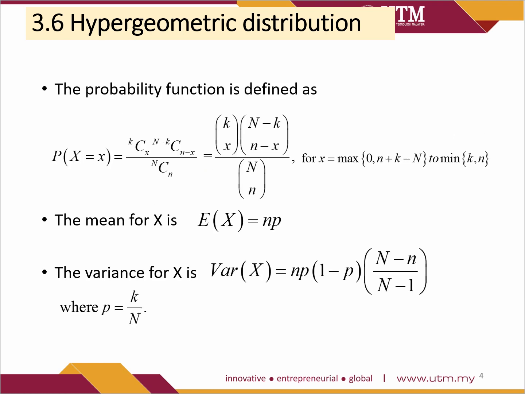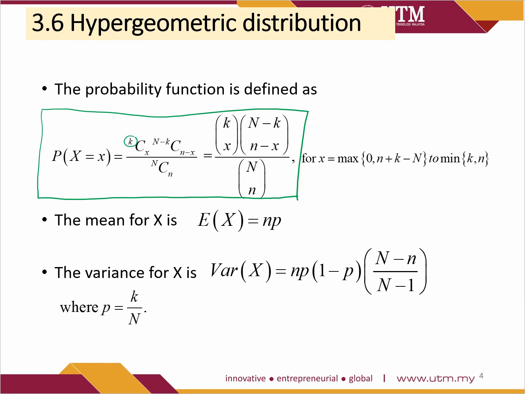So this is the probability function for the hypergeometric distribution, where the probability of X equals x is given as KCx, given K is number of success in population, C combination of x, where x is taken from this value, and then N minus K, C n minus x, over NCn.